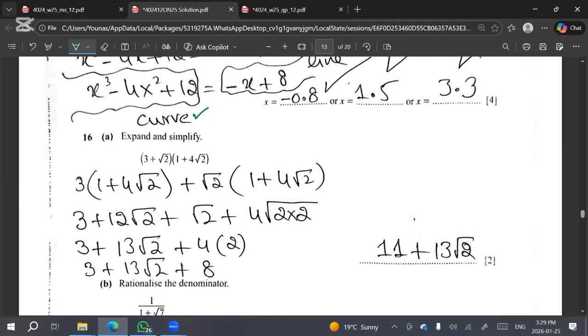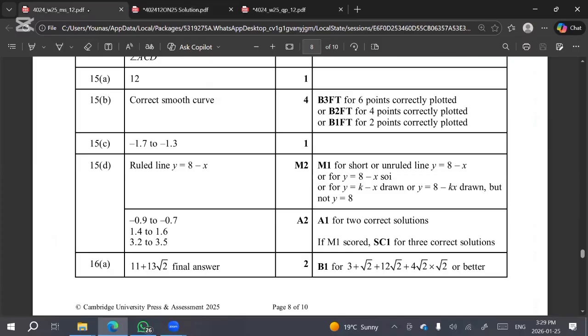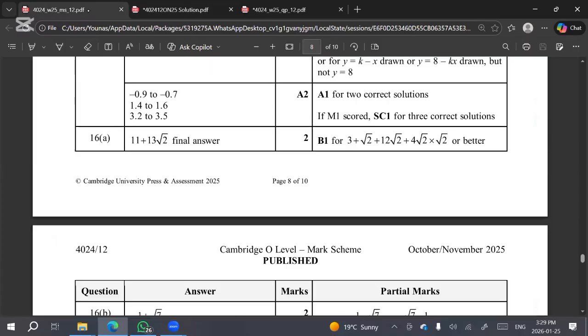So you will have 3 plus this 12 under root 2 plus 1 under root 2, that will become 13 under root 2, and plus 4 into 2. Okay, so then you will have 3 plus 13 under root 2 plus 8, and 3 plus 8 will be 11. So this is how you do question number 16, A part. You can see the answer is right for the A part.